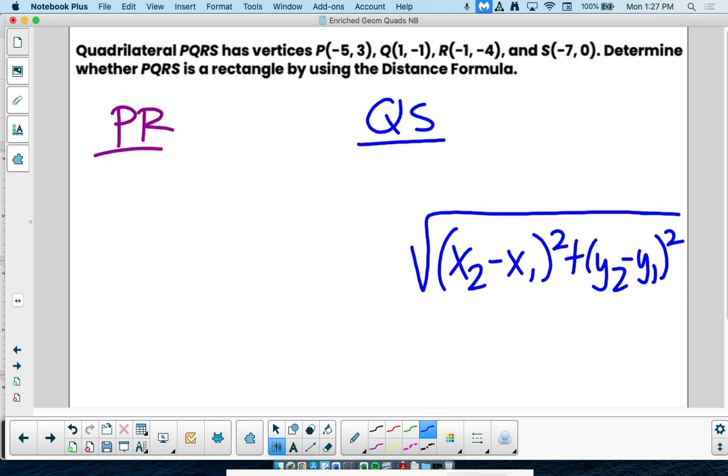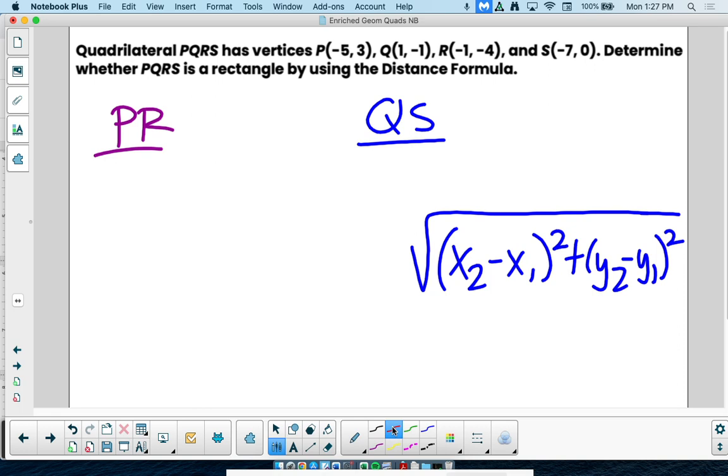Oh, I looked at Q instead of R. I did everything wrong. Check on your shoulder, buddy. See if they got the same thing. Are we doing PQ or? I did PR, but I got it wrong.